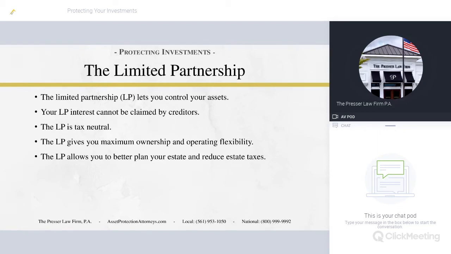If someone is a limited partner, because they have limited liability and because they have limited control, what their interest is worth in the limited partnership is not 100% of what we would think the value is. So for instance, let's say for round numbers, the partnership is worth $100,000.